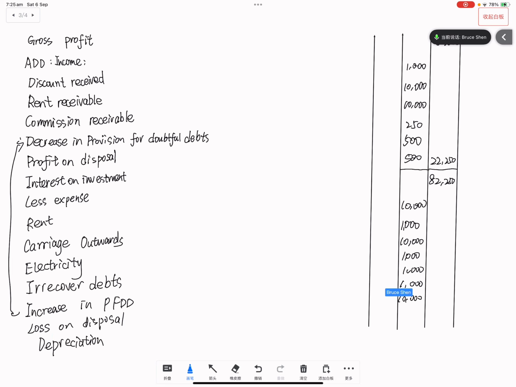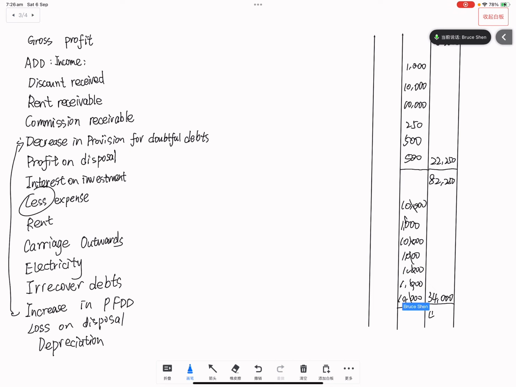So we need to have a figure here. But since it is, you see, less, we need to have a bracket here. Let me do simple mathematics. Those are 34 grand. Okay, so we just minus those two figures. Okay, correct.